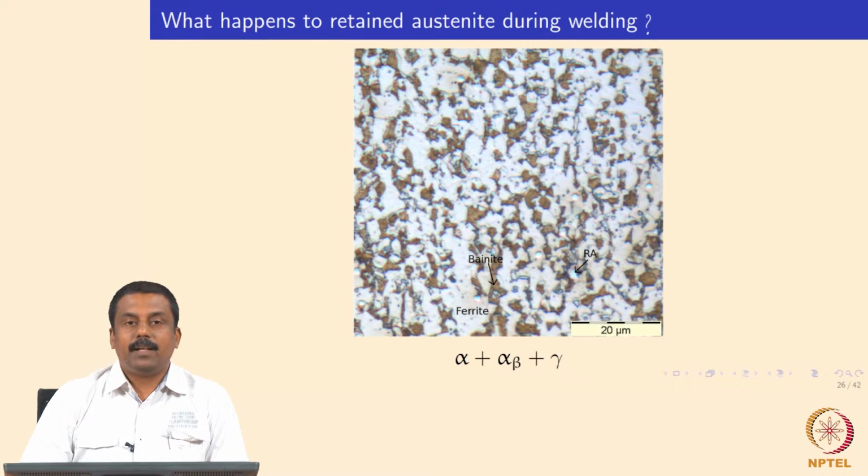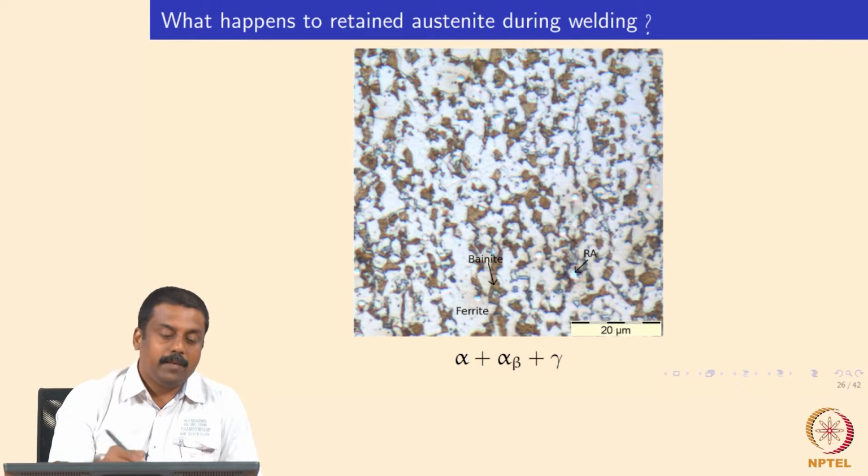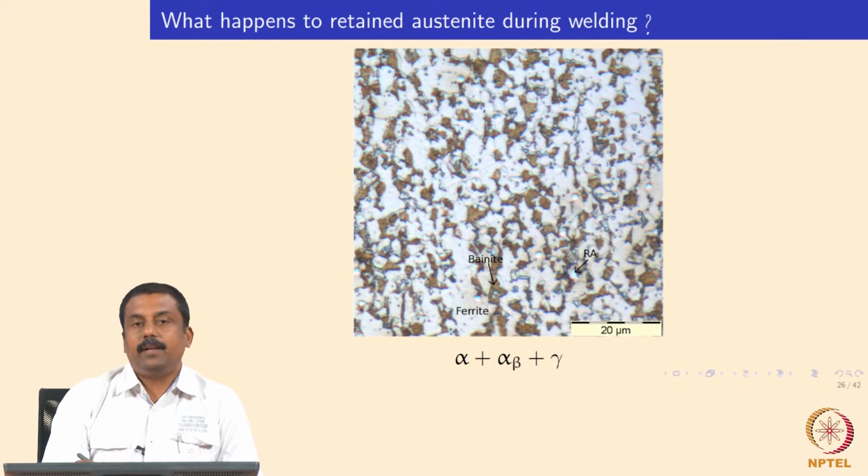So, we looked at the microstructure of TRIP steel, for example, which contains 3 important phases: ferrite, carbide free bainite, and retained austenite. When the temperature is reached above the A3 temperature, the austenite formation temperature, the entire microstructure shown here would completely transform into austenite.